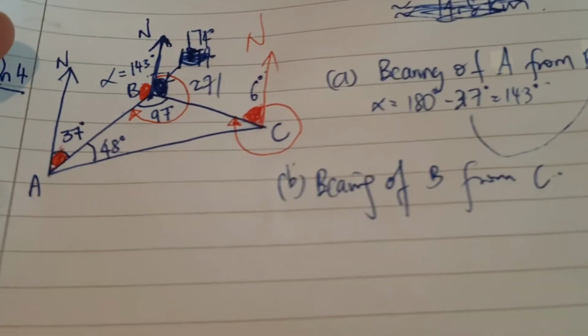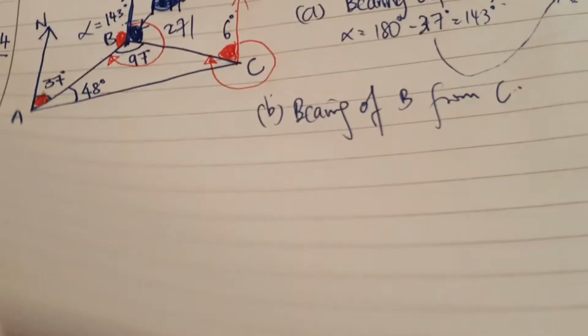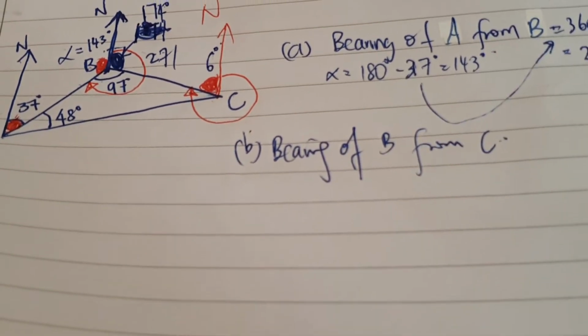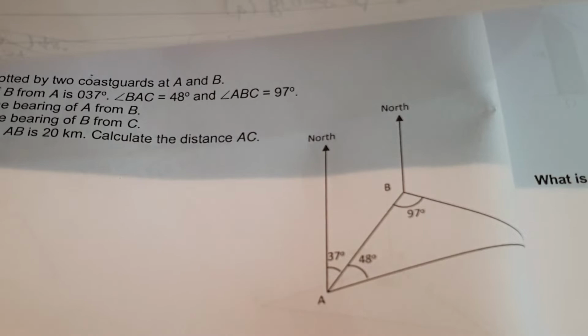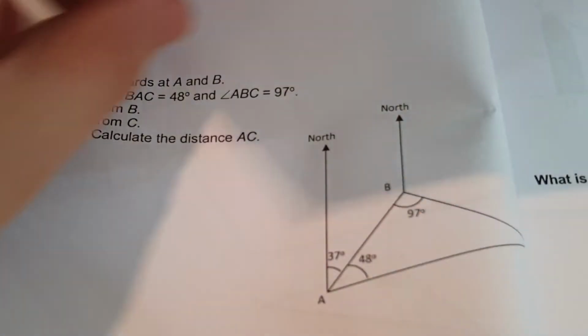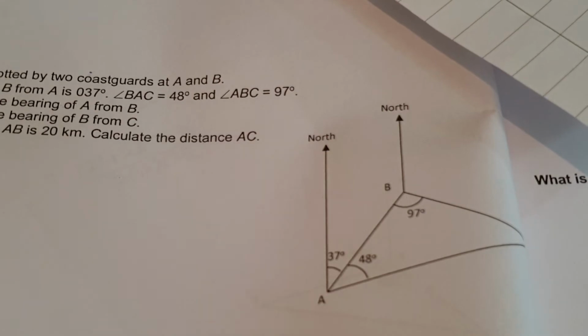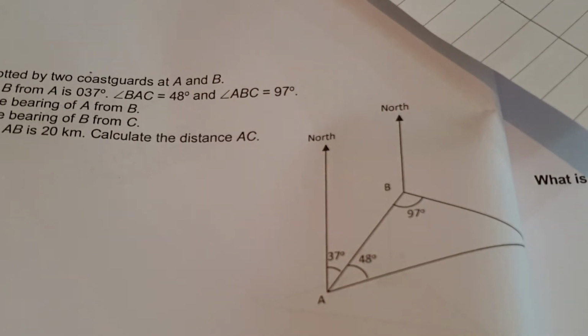The diagram is very weird. Let me see. Did I make any mistake? 97, 143.